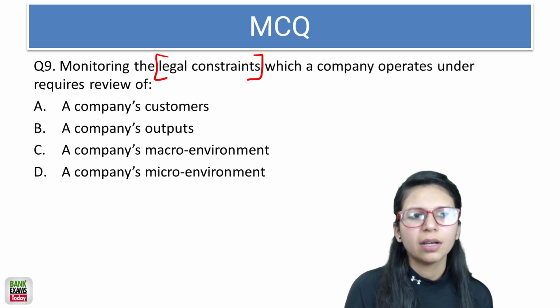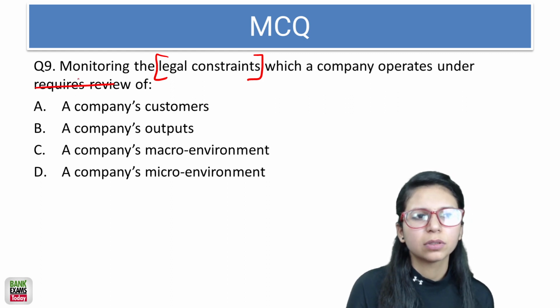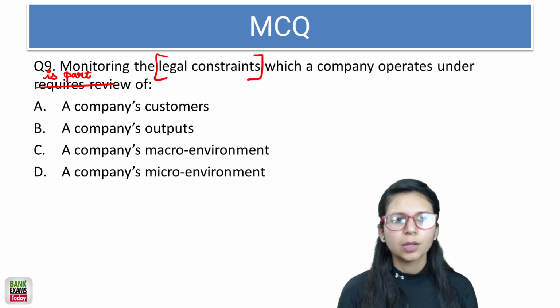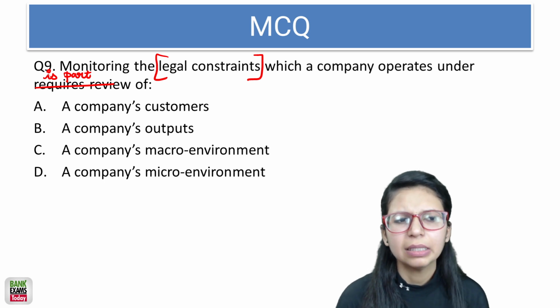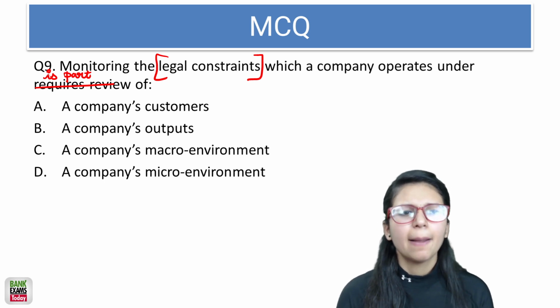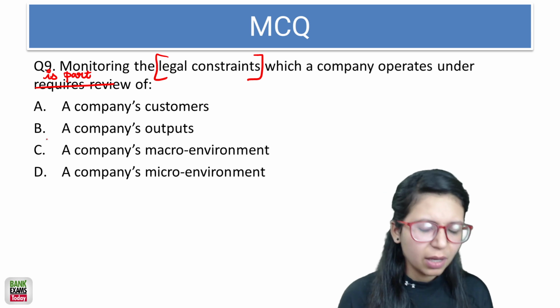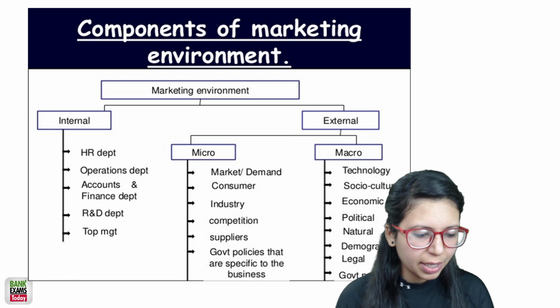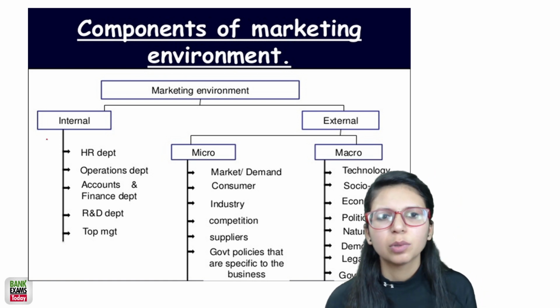So you can write it like, which of the following it is part of. Now this is what a legal constraint is, you might be aware. I also have a proper diagram for you, where I will be explaining.